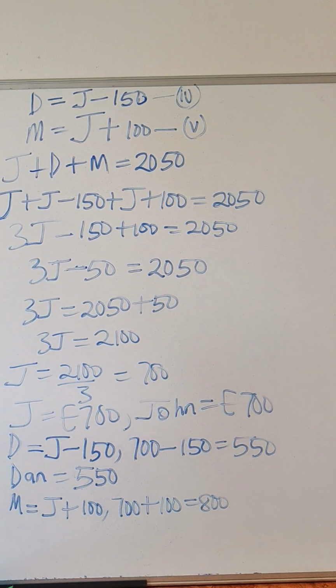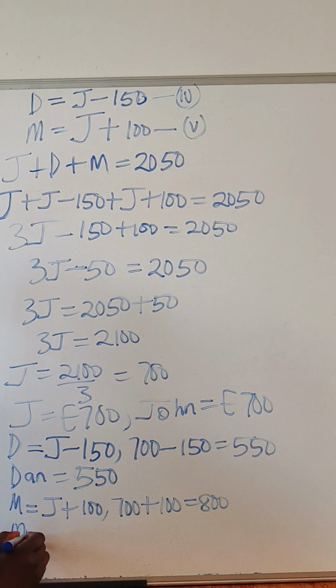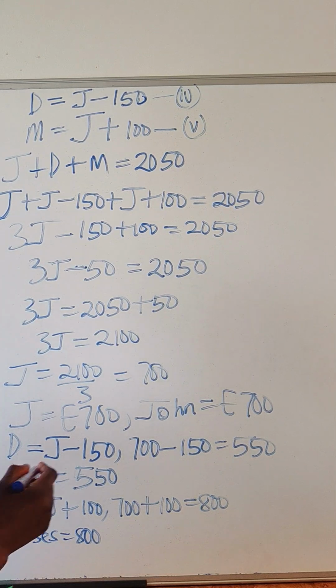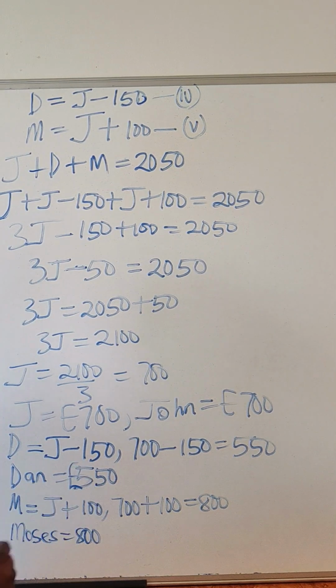So Moses' earning is £800. John earns £700, Dan £550, and Moses £800.